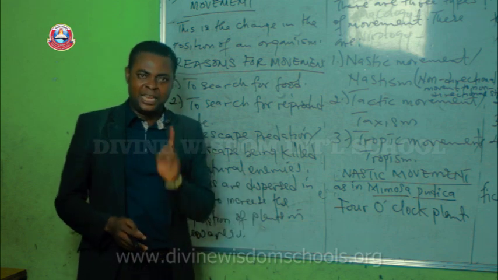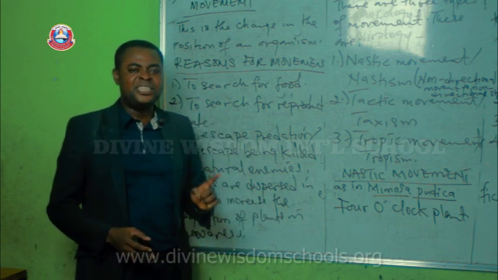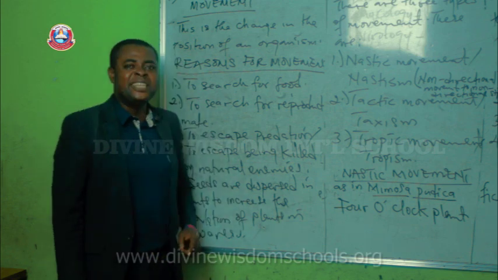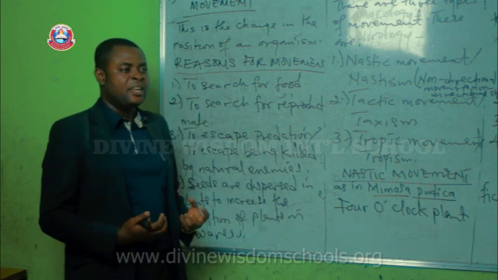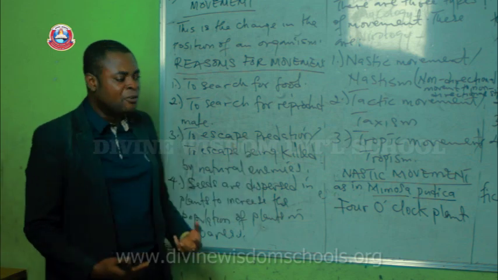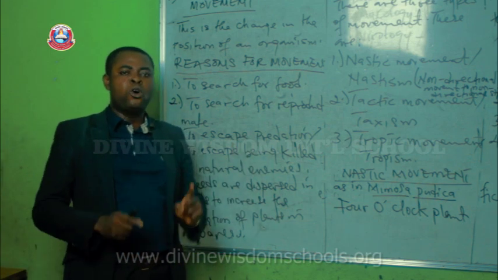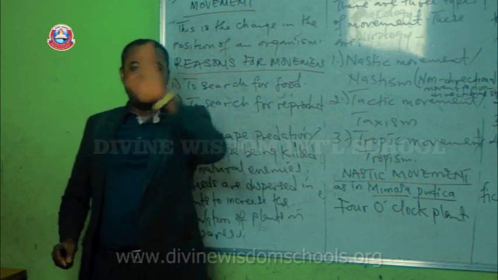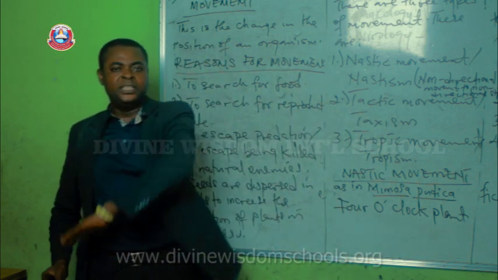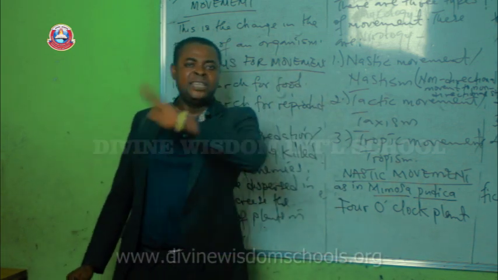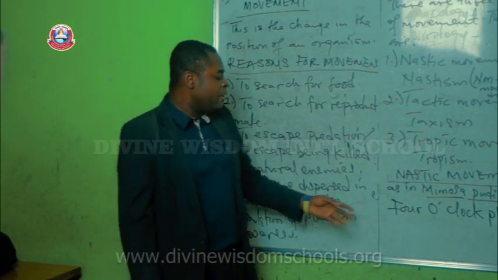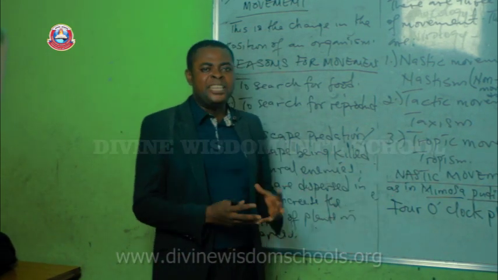In case you see a question that says, state 3 differences between nastic movement and tactic movement. By definition, tactic movement is the directional movement of the whole body of an organism in response to a directional stimulus. When you start with directional movement, you will end with directional stimulus. When you start with non-directional movement, you will end with non-directional stimulus. Here, the whole body is being moved.